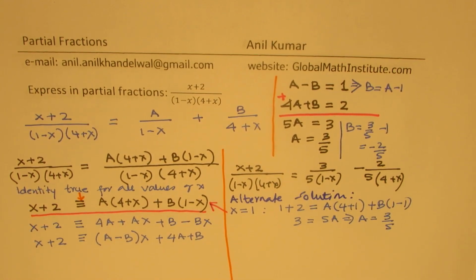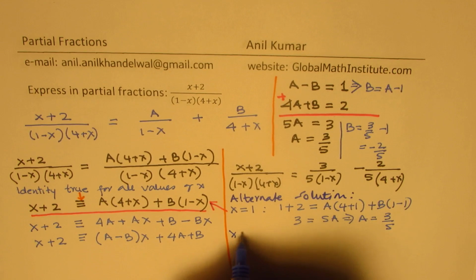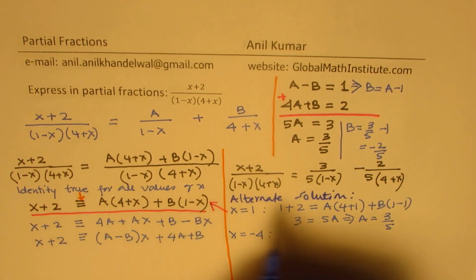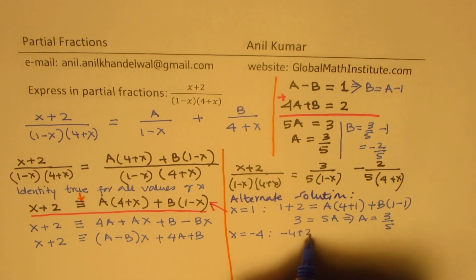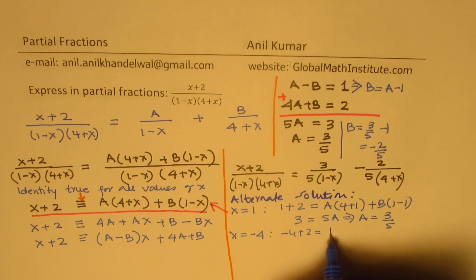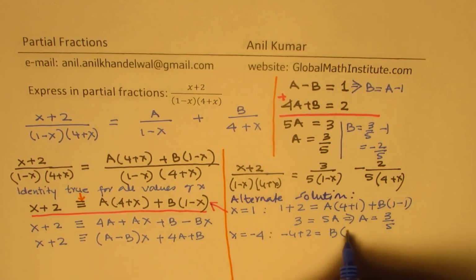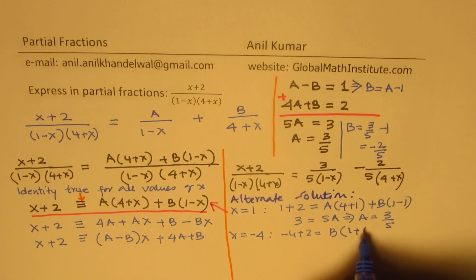Clear? We're going to substitute x equals minus 4 to get the value of b, which we are going to do now. So if I write x equals minus 4, it will make this 0. So we get minus 4 plus 2 equals 2. This part is 0. So we get b times minus and minus becomes plus, right? So we get 1 plus 4.